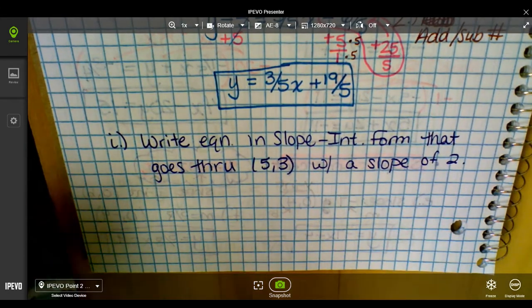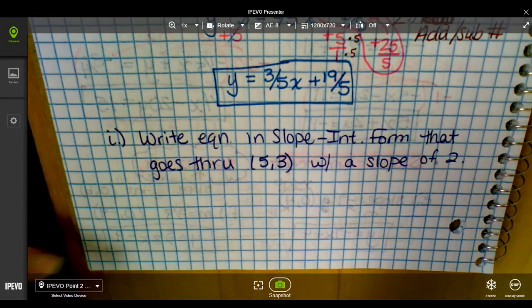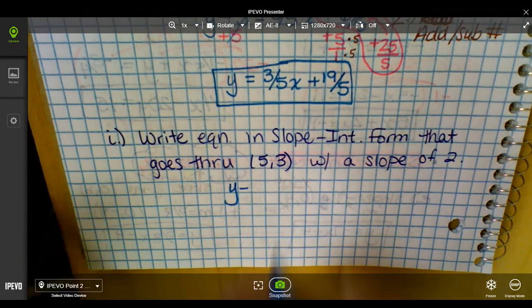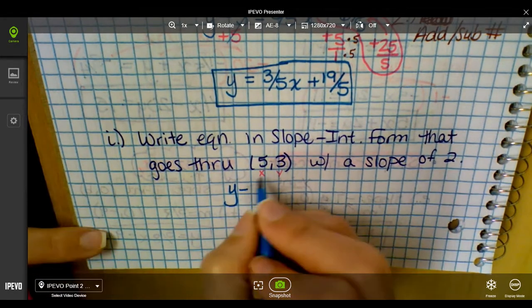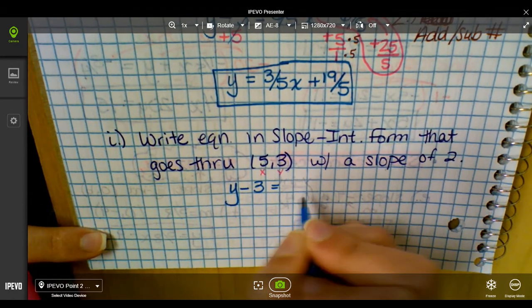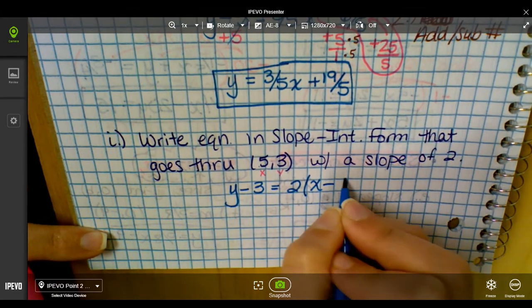Okay, same exact thing. I'm given a point and a slope. That means I must start with point slope form. So y minus y1, which means y minus 3 in this case equals, I have a slope of 2 times x minus x1. My x is 5.